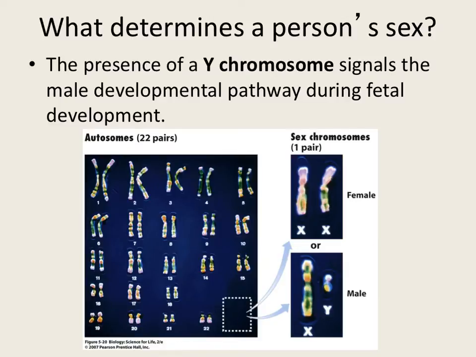You would then have a 50% chance of being male or female, depending on whether you inherited an X or a Y. Because of this, there's a different expression pattern. There's a whole developmental pathway during fetal development that turns an embryo male. That pathway is actually governed by a locus or a number of loci on the Y chromosome.